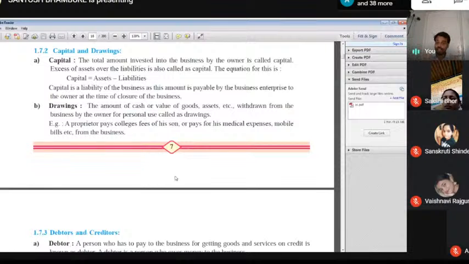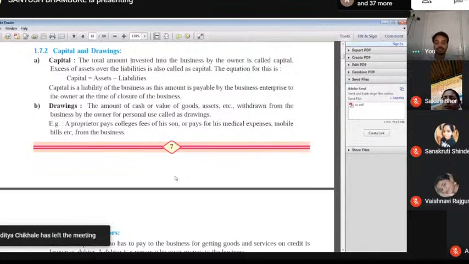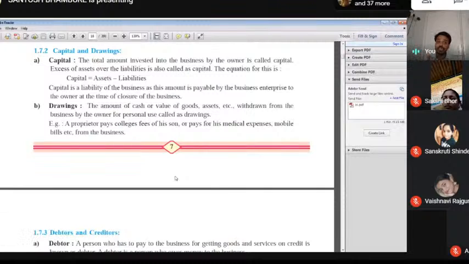I am also the owner of this business. I have not provided any money to the business. I am using some commodity that is involved in the business. In simple words, the amount of cash or value of goods, assets, etc. withdrawn from the business by the owner for personal use is called drawings.